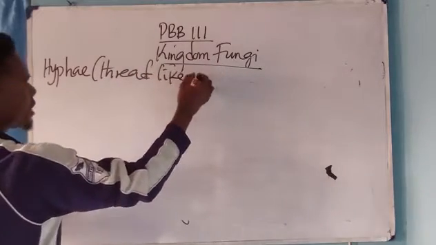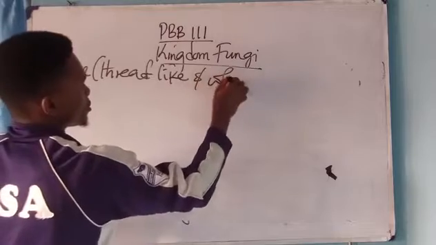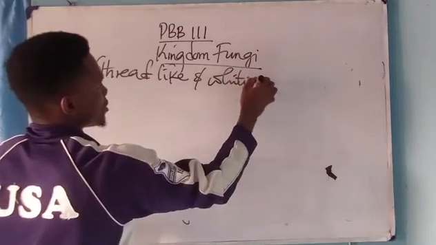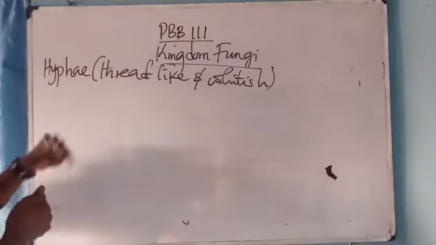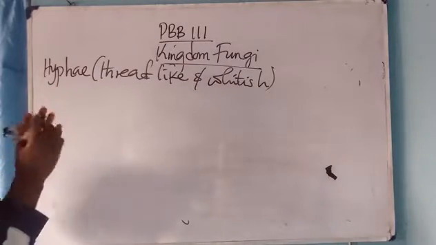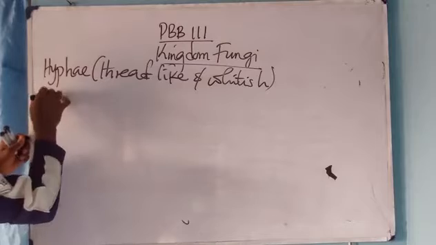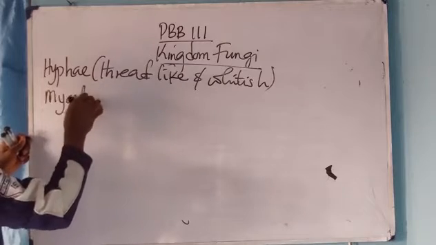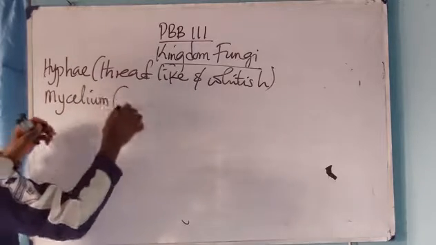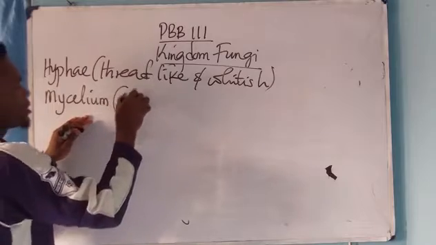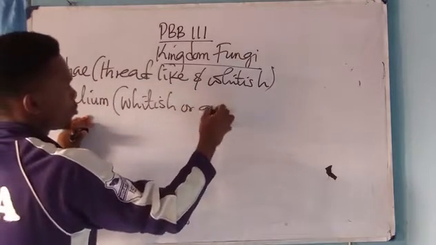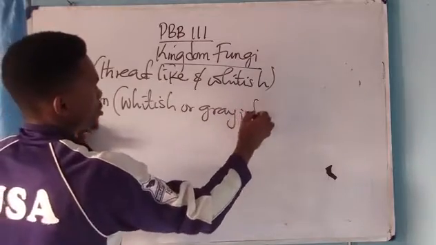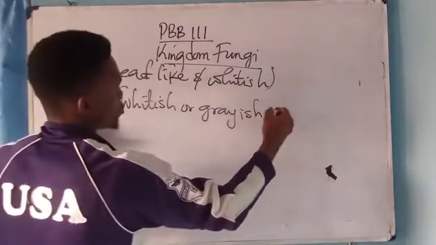They are thread-like and whitish in form. Now, when hyphae occur in clusters, they produce the mycelium. And the mycelium is a whitish or grayish structure.